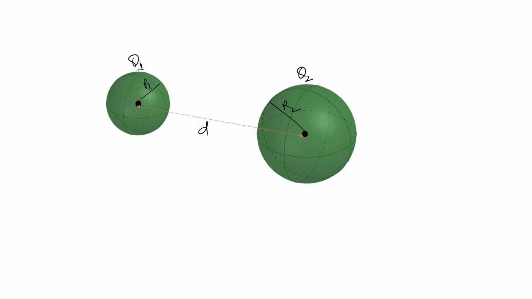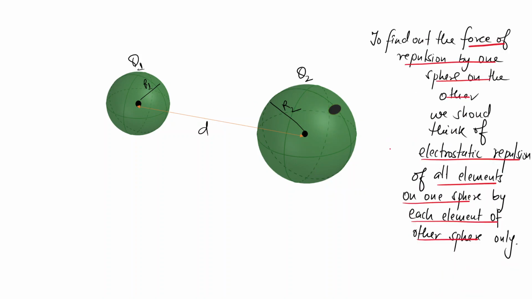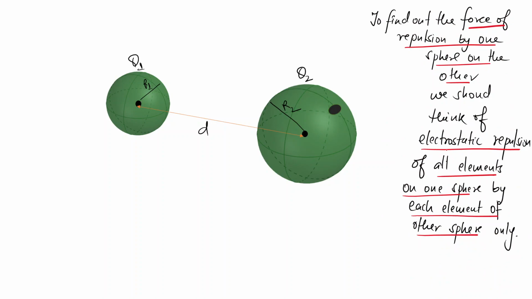So this is why, when we are talking about these two spheres and charges on these spherical shells, when you are calculating the repulsive force between these two spherical shells, you need not consider the internal forces. If you take this element here and you're also considering the repulsive forces within the sphere, they will be balanced by the internal forces. So you don't have to worry about that. You just have to think about how much electrostatic repulsion of all elements.